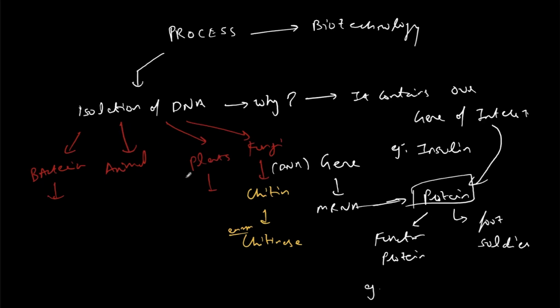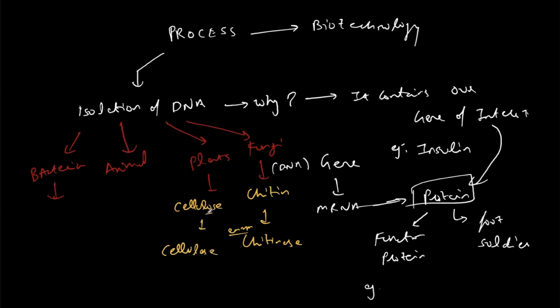Moving on, we have plants, and the plant cell wall is made up of a very special material, and I think you might have heard it often as well. It is made up of cellulose. To degrade or break this cellulose, we will use another enzyme called cellulase.